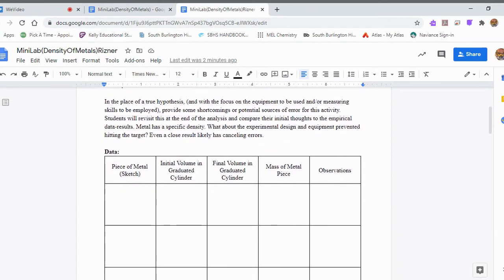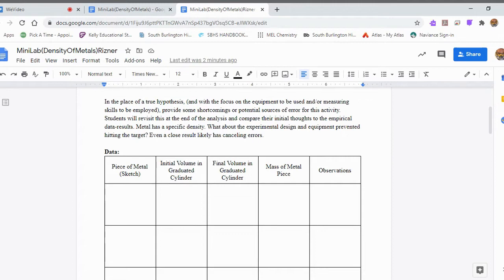Now, some type of prediction should be made, and that can either be a prediction about what will happen in the reaction or the experiment, or what some sources of error might be.